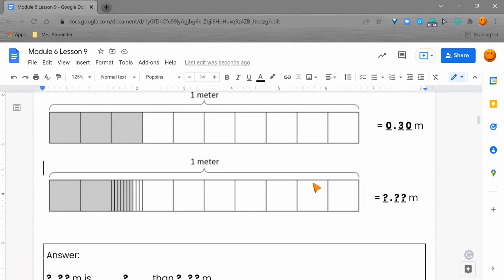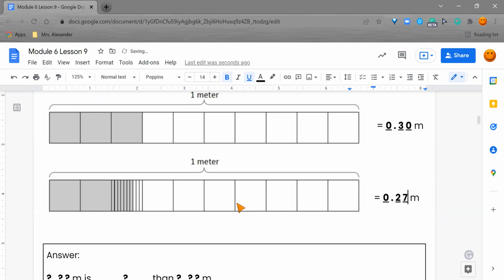So again, it looks like it's the same thing. So I'm going to count 1, 2. Oh, look, it looks like I have 2 tenths, but I have some smaller ones. So I'm going to count them. 1, 2, 3, 1, 2, 3, 4, 5, 6, 7. It looks like there's 7 there. So I'm going to put a 7.